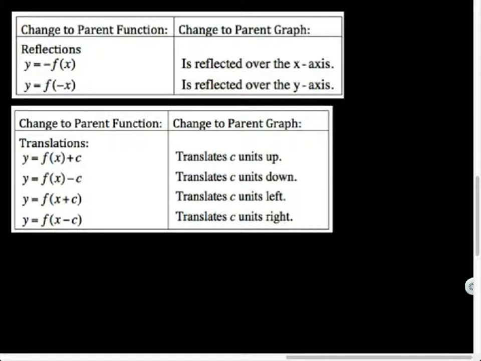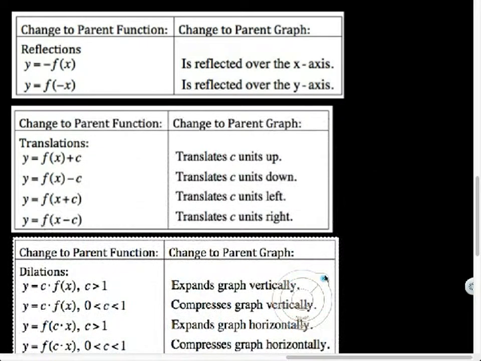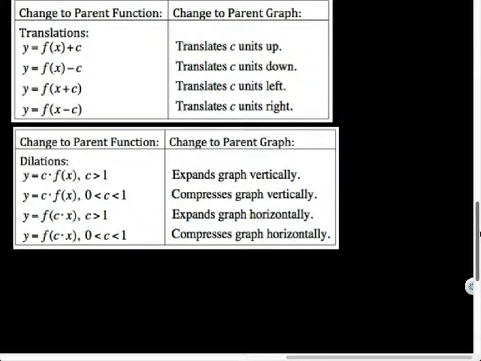I'm right. And the last kind, we've talked about vertical stretches before, and I think I used to say vertical smoosh back in the day. But this is actually interesting for dilations. You can have both vertical and horizontal stretches or smooshes. And sometimes you can convert from one to the other.